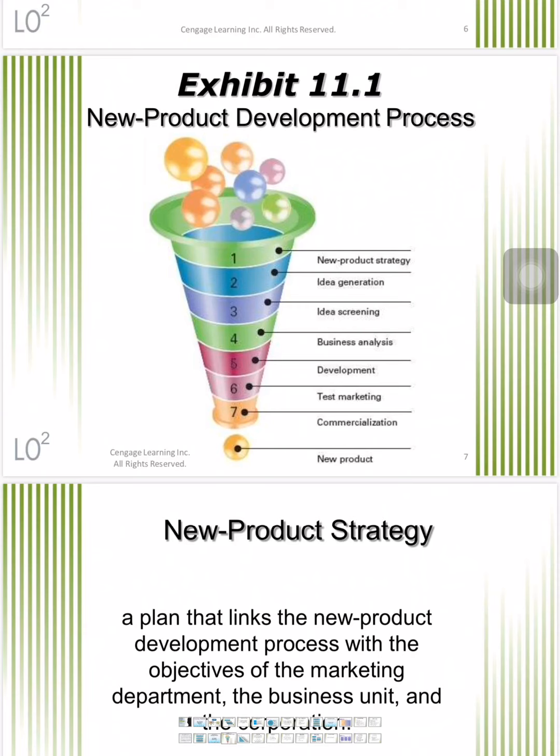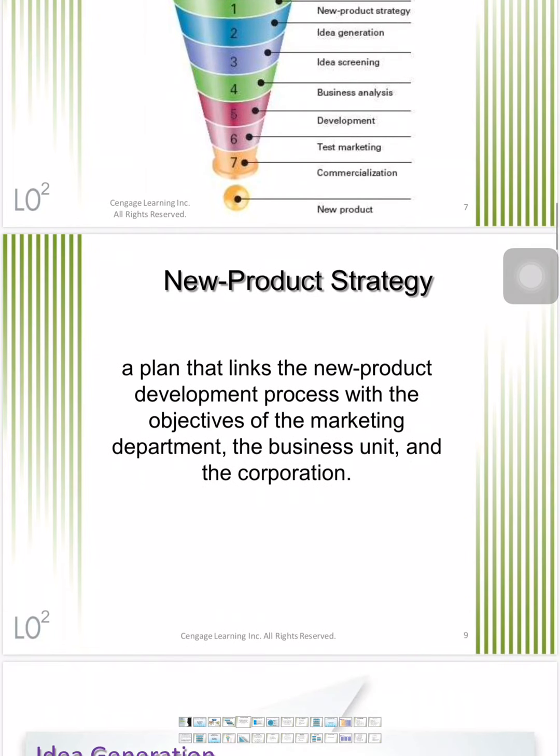Okay, then they commercialize. Okay, so new product strategy is a plan that links the new product development process with the objective of the marketing departments, the business unit, and the corporate, which means that this development process, with the objective, they have to work together.